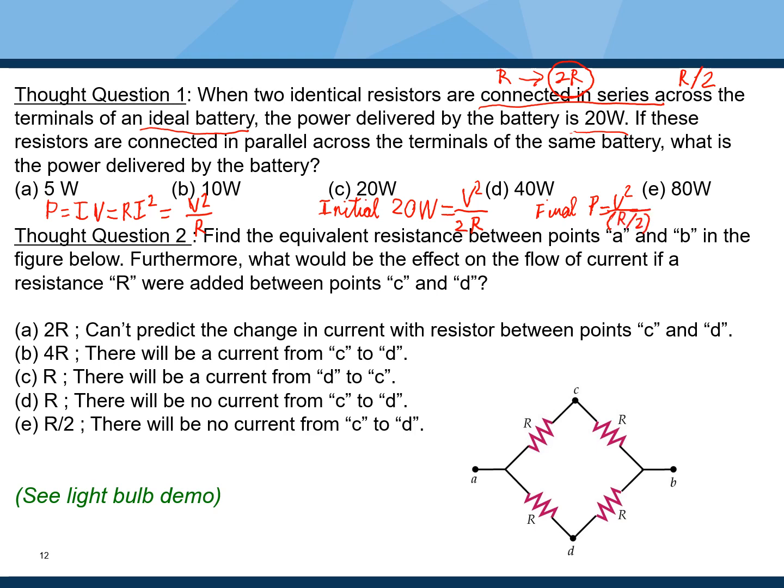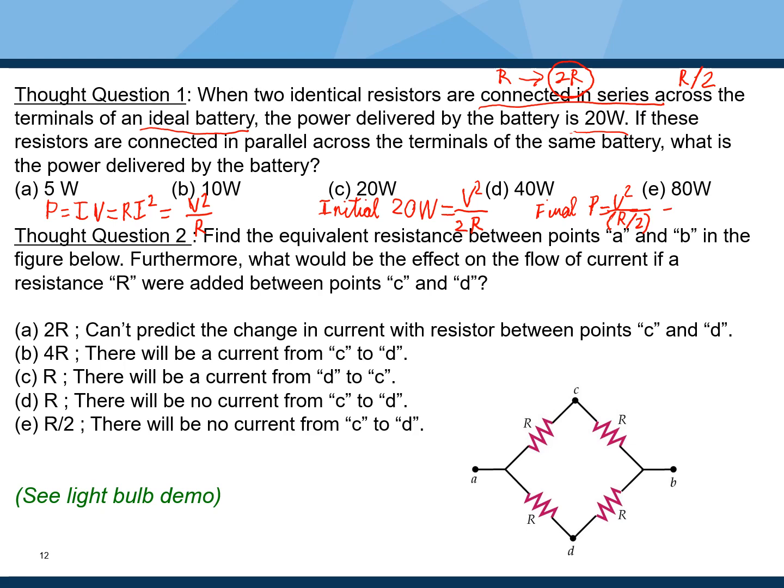Now notice that this tells me that the denominator in the final configuration is 1/4 the denominator in the initial configuration, which means that the power is actually 4 times larger in the final configuration than in the initial configuration.